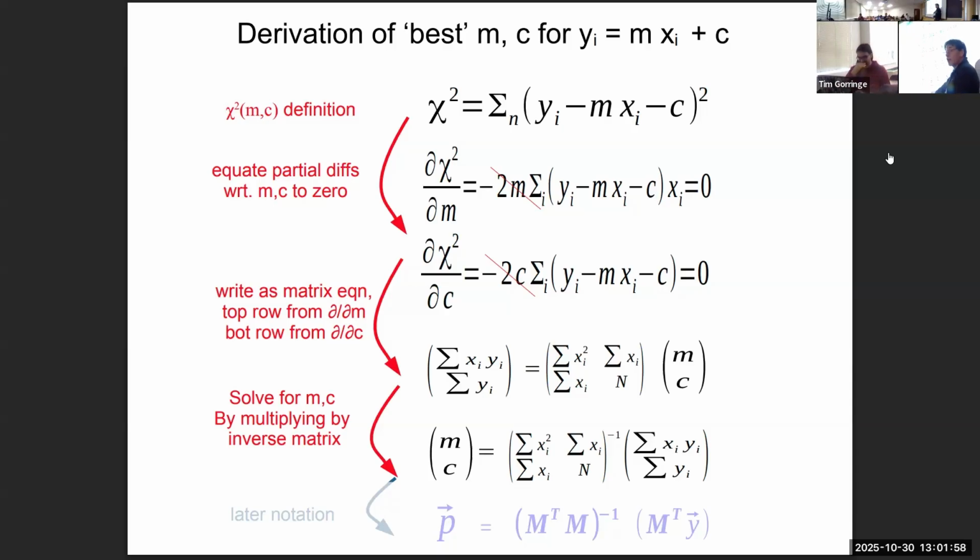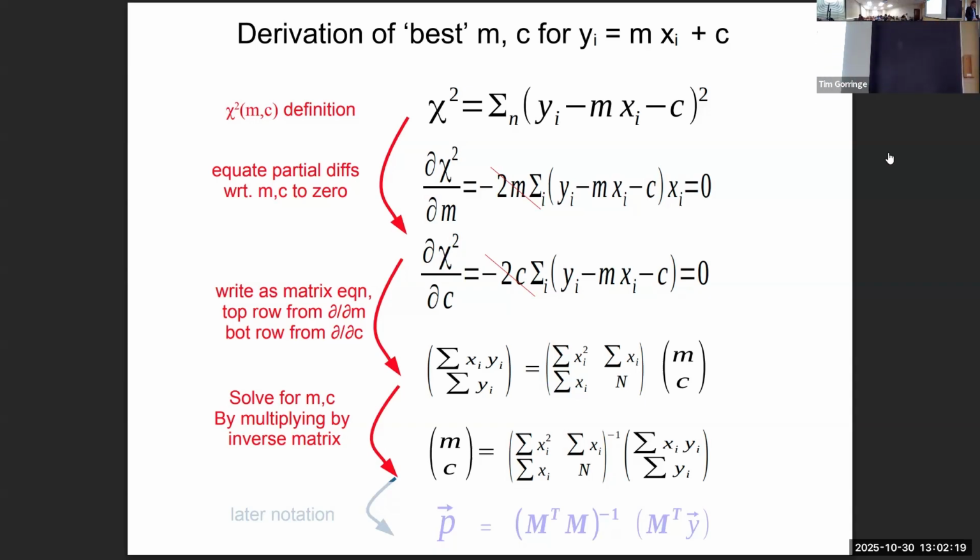Oh, you mean this thing at the bottom? Okay, so yeah, for the moment, ignore that. I'm going to come back to this. Sorry, that's confusing that I put that there. I'm going to show you how we get this equation, which is what we're going to use in a slide or two.